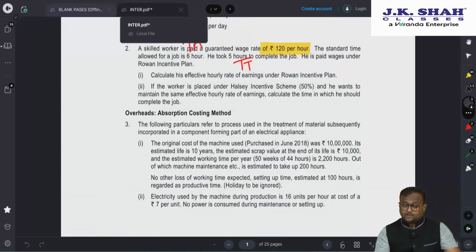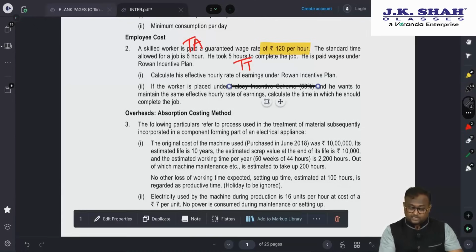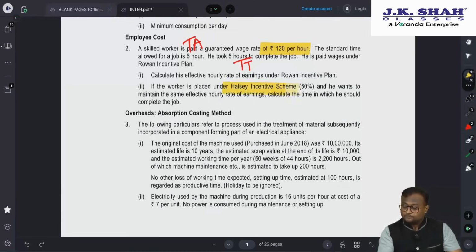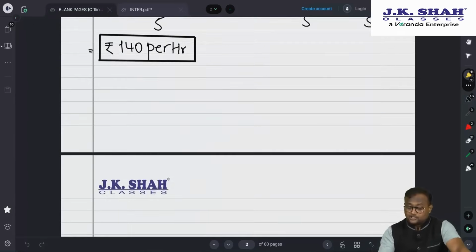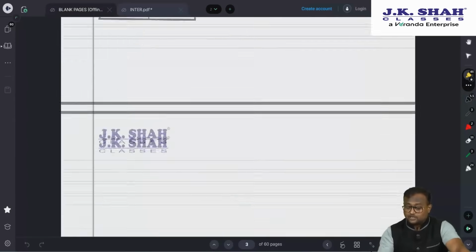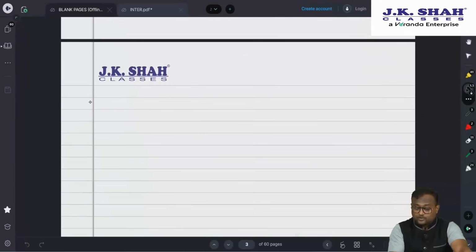What is asked in the second part? If the worker is placed under Halsey's system, and he wants to maintain the same effective hourly rate, calculate the time in which he should complete the job. That means time taken is going to be different. The stipulation here, the condition here is your effective rate should remain same.